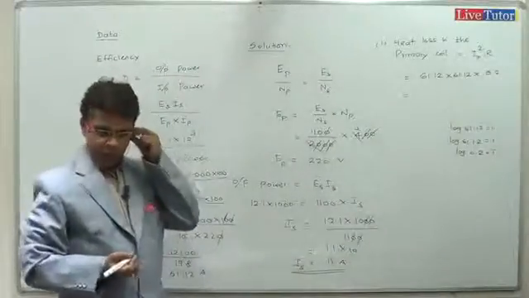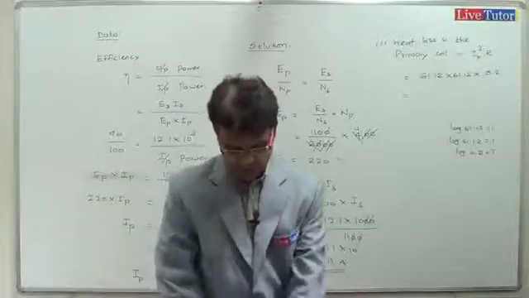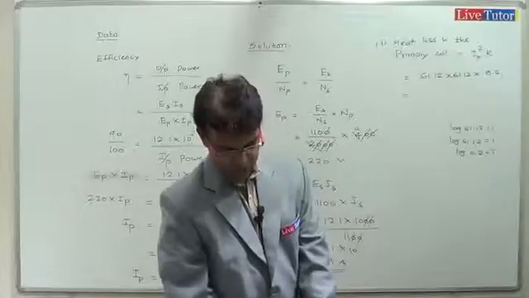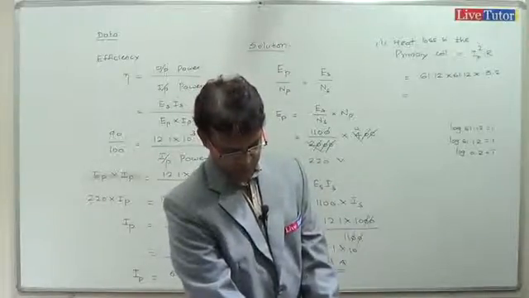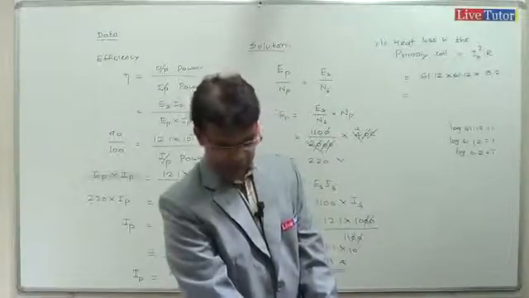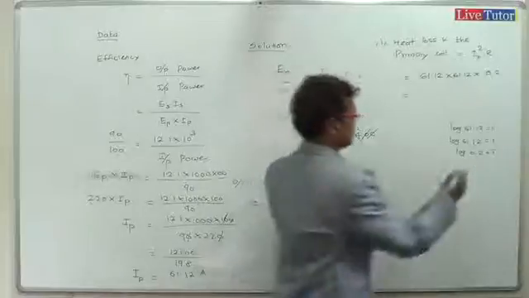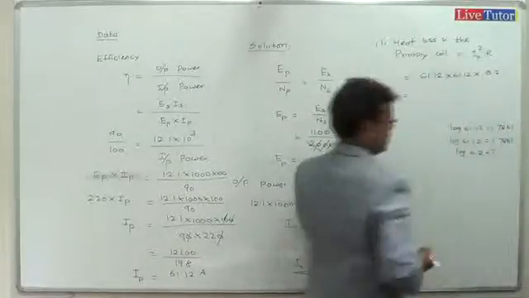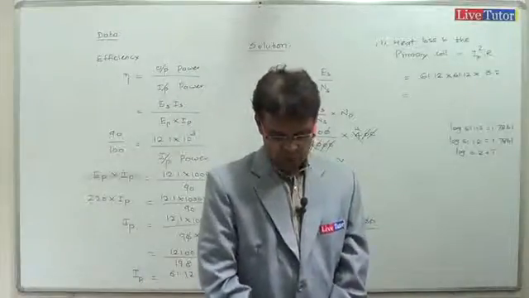So 61.12, if you take log, it is 1.7861. Similarly, log 0.2 is bar 1.3010.